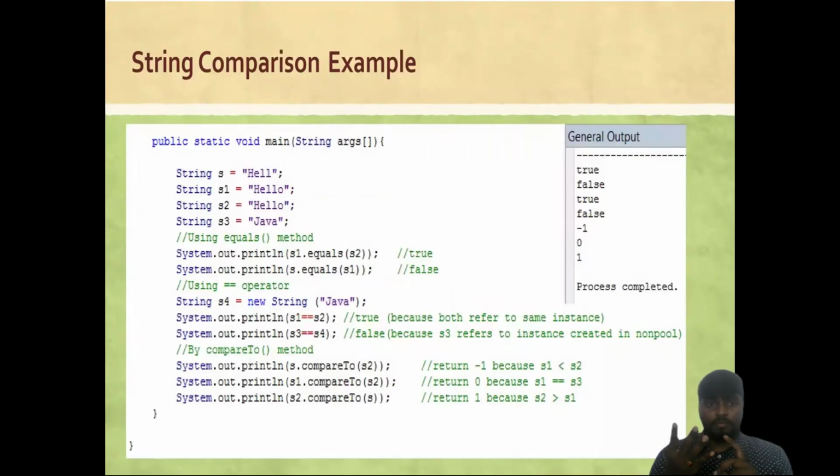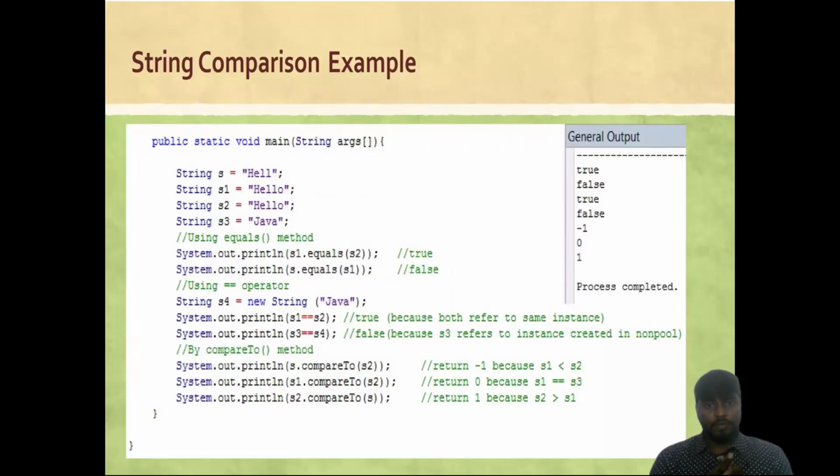First, S consists of hell, S1 consists of hello, S2 consists of hello again, S3 is Java. Here I'm just trying to print. I created S4 also, S4 is also Java.